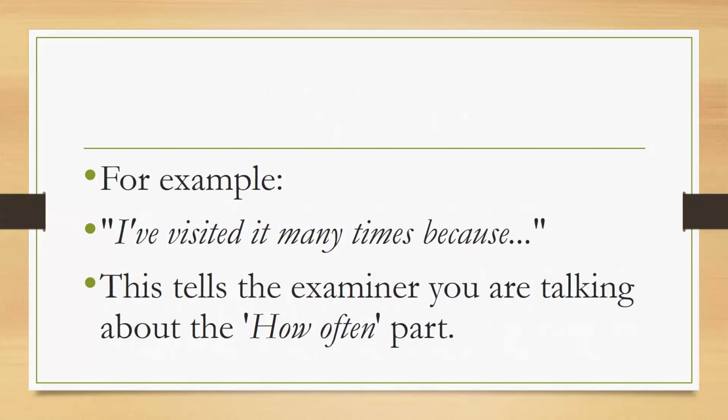So in the how often part, you can say, I have visited it many times because the scenery is beautiful, the place is tranquil, quiet, beautiful, peaceful. It brings my spirit home.